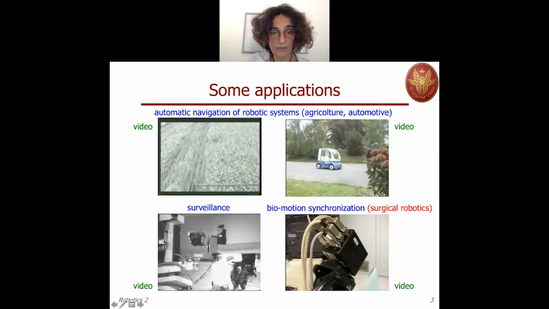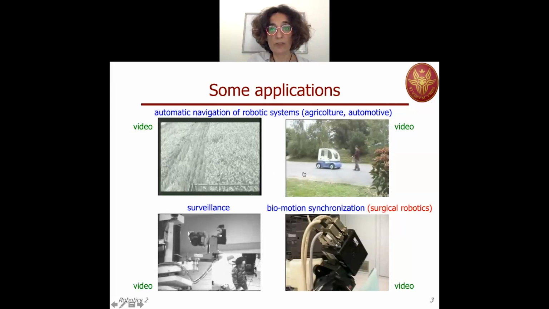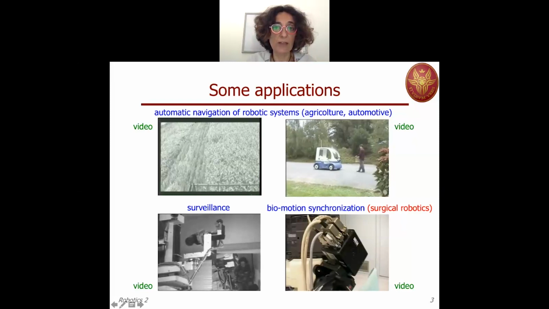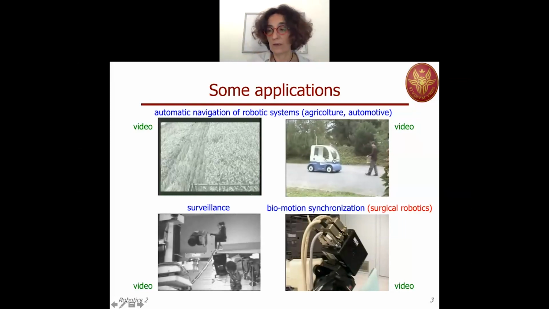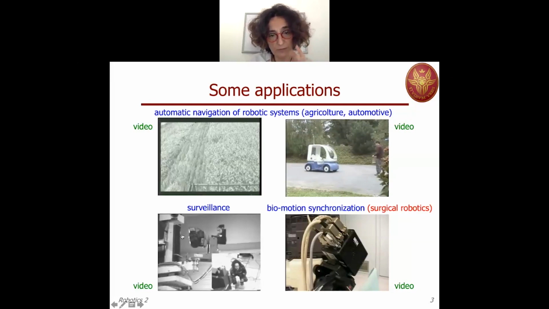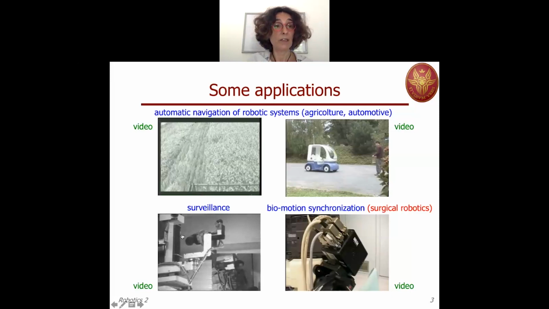In these two applications, the robot is essentially a mobile base, and the camera moves rigidly with the vehicle, with the robot itself. Here we see a slightly different application. Of course, the principle is the same, but this is closer to a fixed base manipulator.